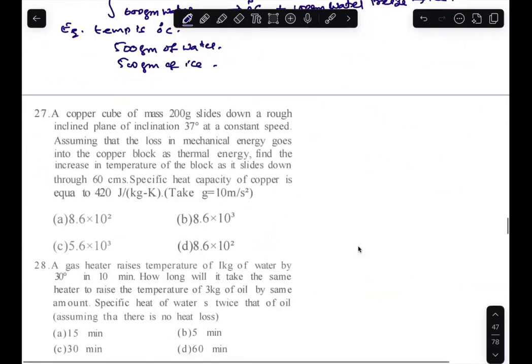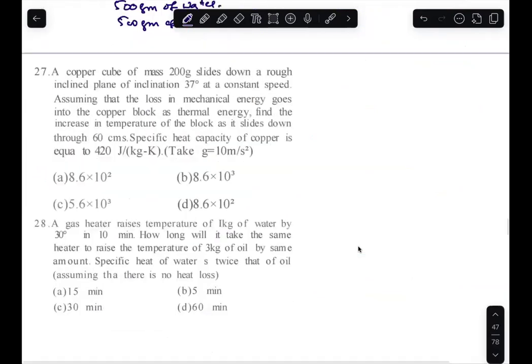Next, 27. A copper block of mass 200 gram slides down a rough inclined plane of inclination 37 degrees at a constant speed. The loss in mechanical energy goes into the copper block as thermal energy. Find the increase in temperature of the block as it slides down through 60 centimeters.